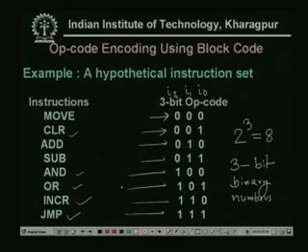So, if a larger number of instructions are allowed by a processor, here it is only 8 instructions, and we know that 2 to the power 3 is 8. So, log of 8 base 2 is the number of opcode bits needed.